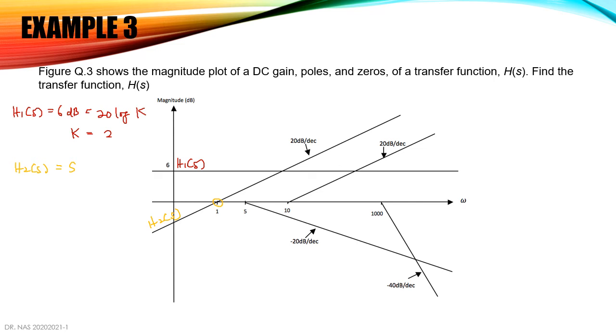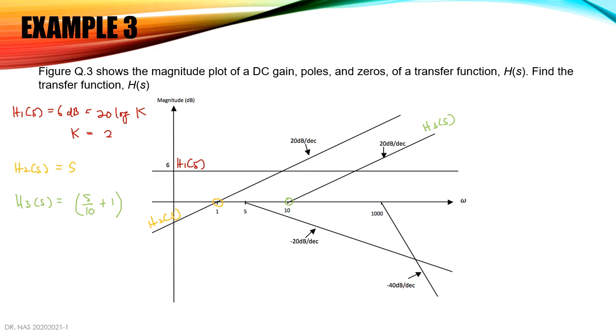Next, look at the zero at 10. You have one equation, zero at 10, we call it H3(s). So in this case, H3(s) equals s divided by 10 plus 1. Okay, so you have completed the zeros part.